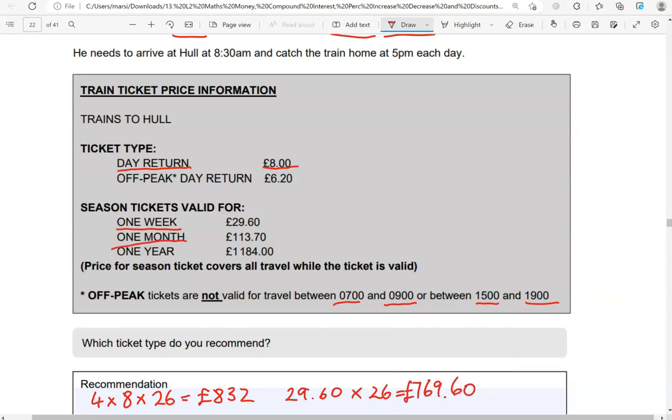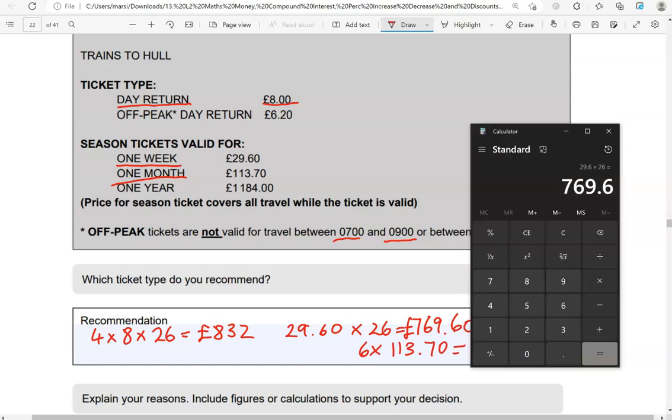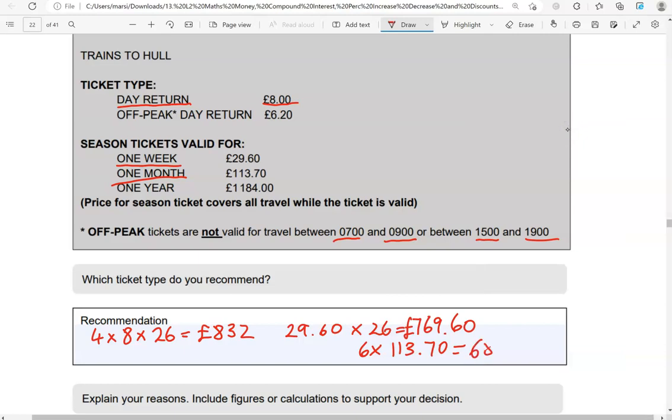Going for the monthly ticket, that will be 6 times 113.70, which is £682.20.